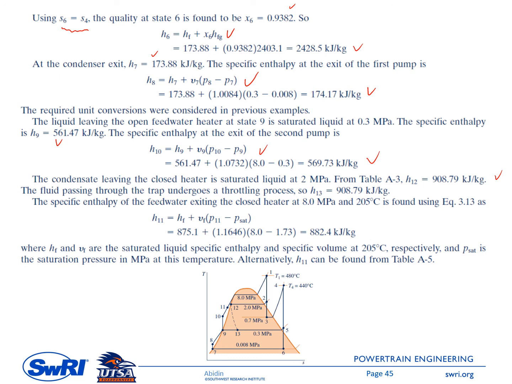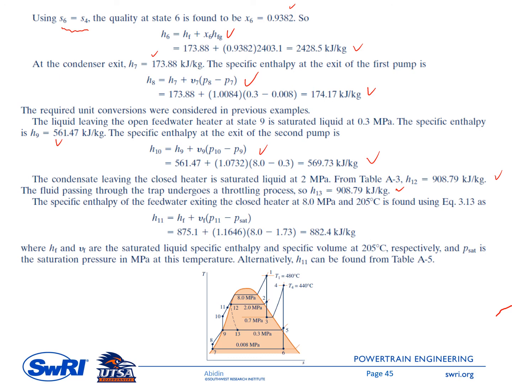And then the fluid passing through the trap undergoes a throttling process, so throttling process from state point 10 to point 13. So it means the enthalpy at point 13 equals the enthalpy at point 12, which is 908.79 kilojoule per kilogram.